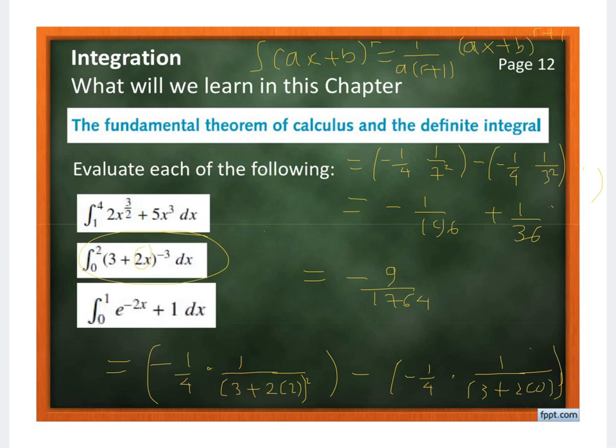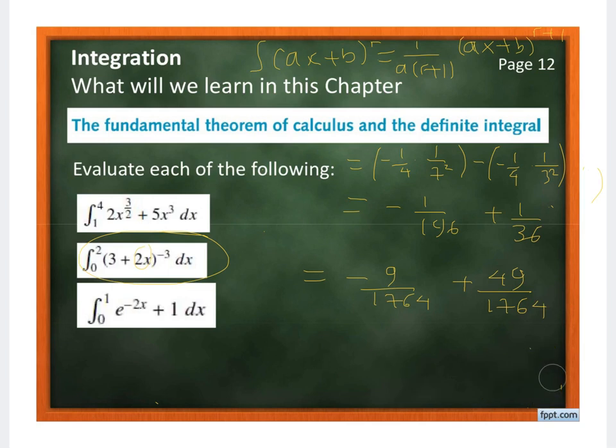Make denominator same. Equal 40 over 1764 equals 10 over 441. This one the answer.